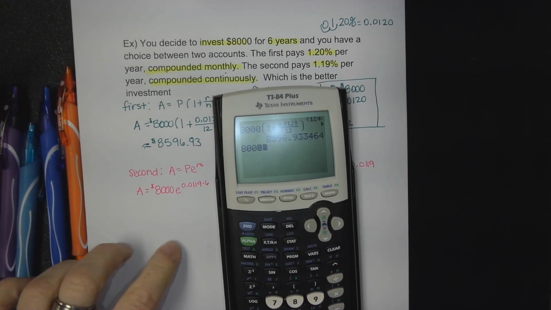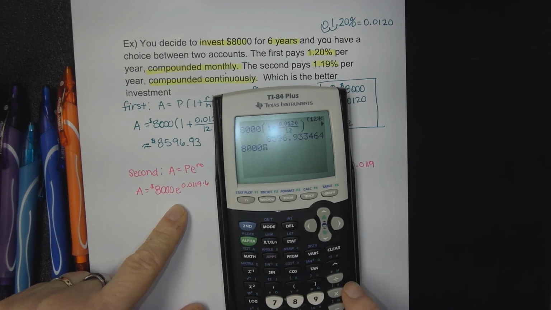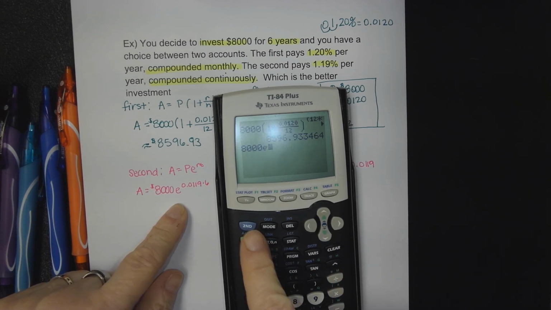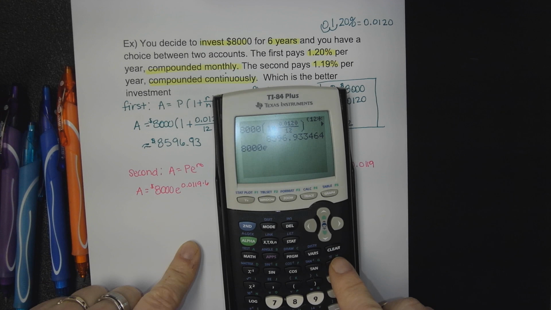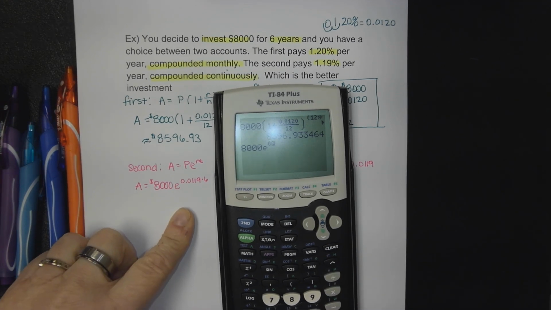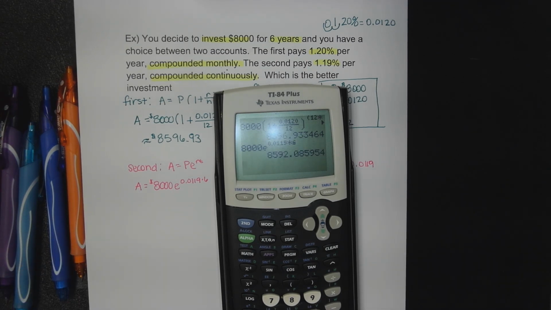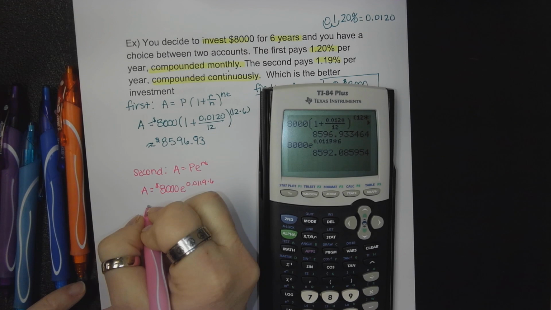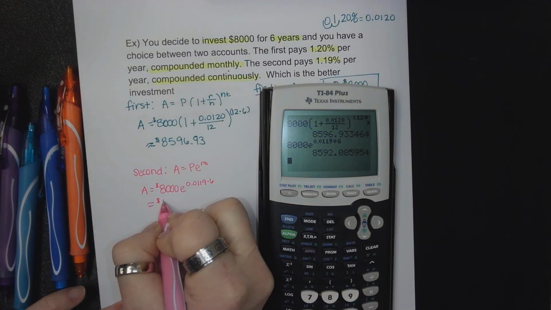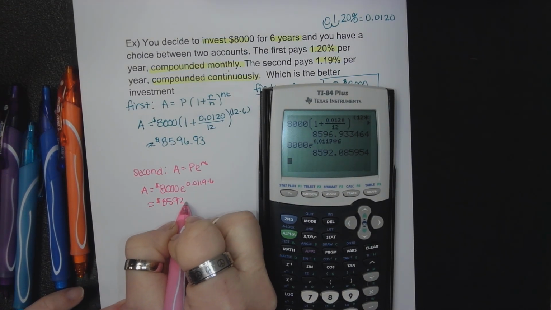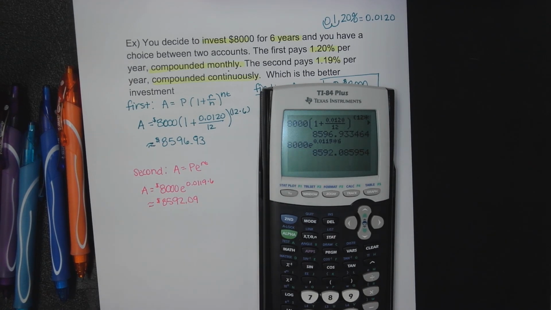So we'll say 8,000. Second division is your E. You can do second LN if you wish. I'm going to do my caret. I'm going to do 0.0119 times 6. That gives us approximately $8,592.09.